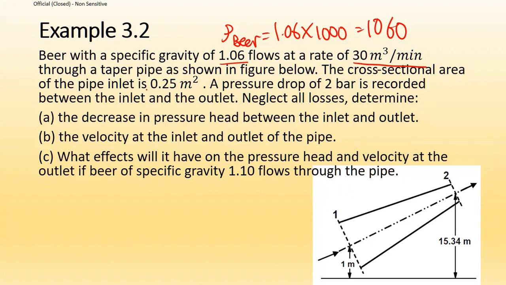The cross-sectional area of the inlet is 0.25 and a pressure drop of 2 bar is recorded between the inlet and outlet. Neglecting all losses, determine number 1, the decrease in pressure head. Number 2, the velocity at inlet and outlet. Number 3, what effects will it have on the pressure head and the velocity head at the outlet if beer of specific gravity 1.10 flows through the pipe. Let's talk about number 1 first, the decrease in the pressure head.